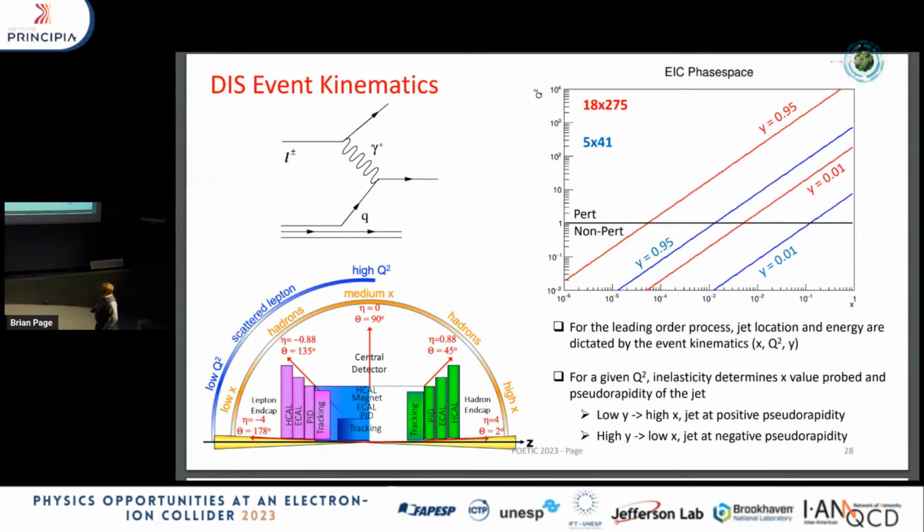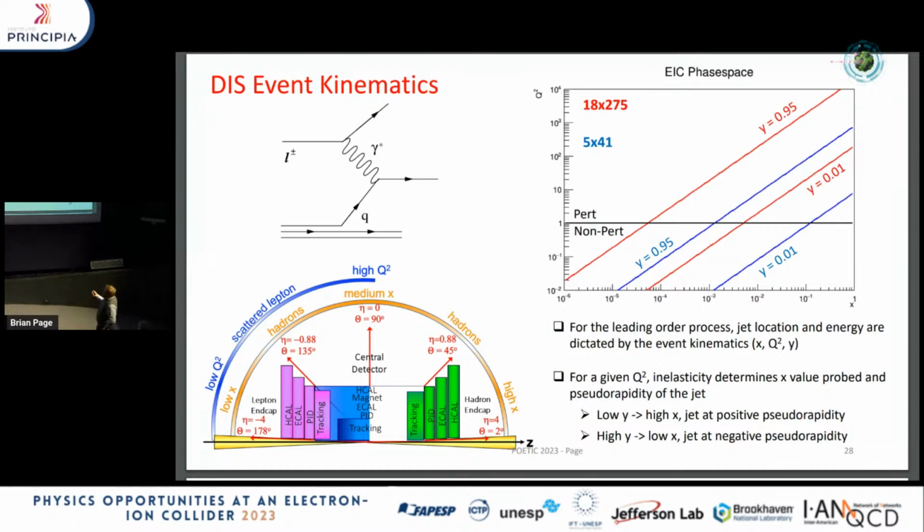Okay, so I want to go really quickly through some of the kinematics. This might be a little bit basic, but I think it is useful to think in detail about the kinematics that we're looking at, to inform us what kind of energies we should expect, where jets will live in our detector, and then what that implies for how we should design our detector and actually measure these things.